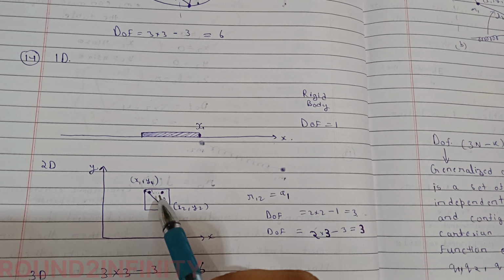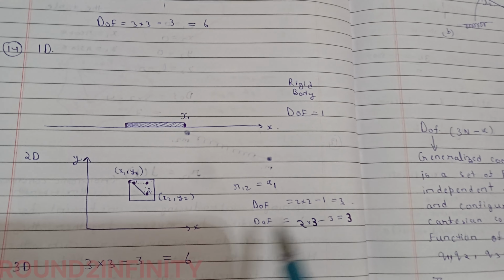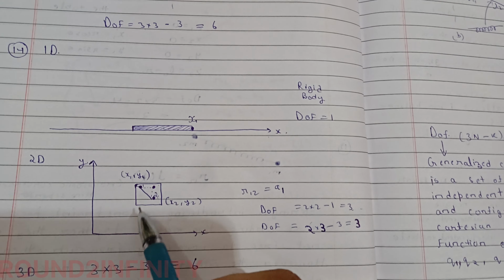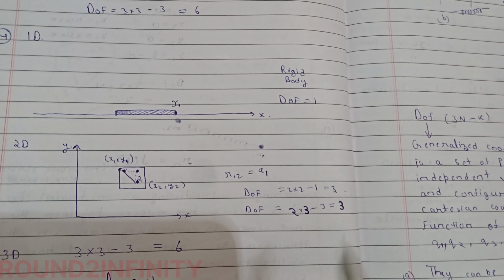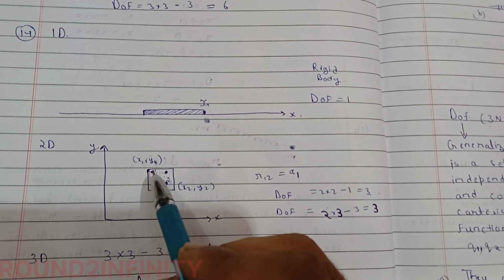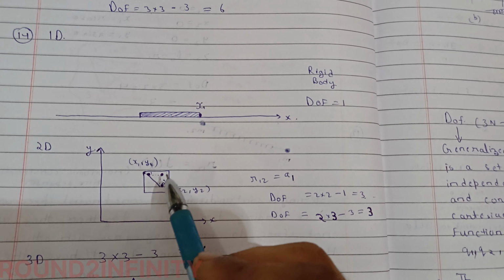So now the degrees of freedom will be 2 times 3 is 6, minus 3 constraints, and it is again 3. So if it is 4, 5 particles, or an infinite number of particles, the degree of freedom will always remain 3. Hope you get the point why it is always 3, because with the help of these 2 we can find the coordinates of any number of particles.